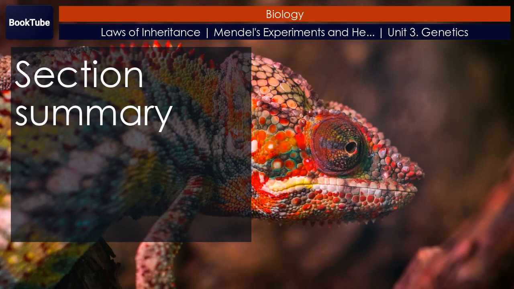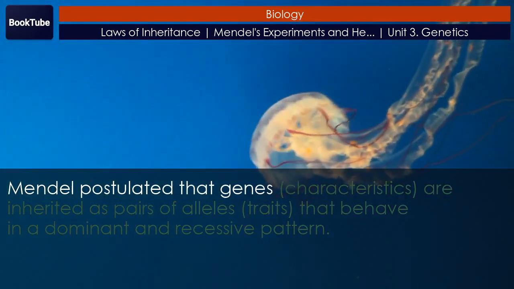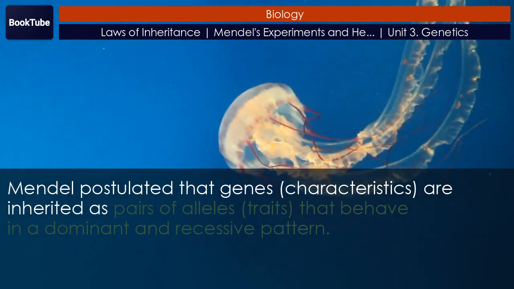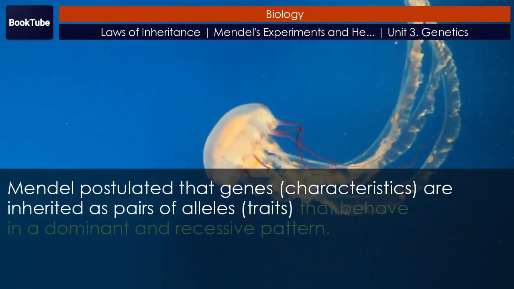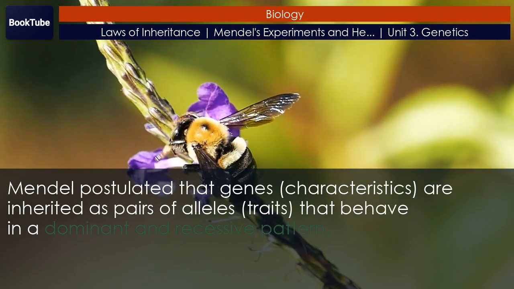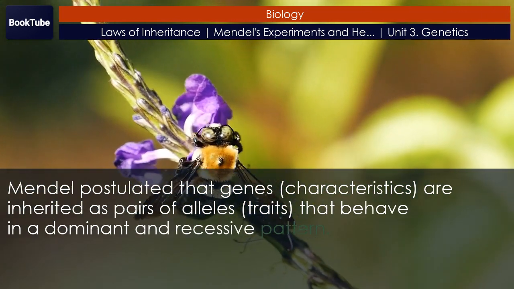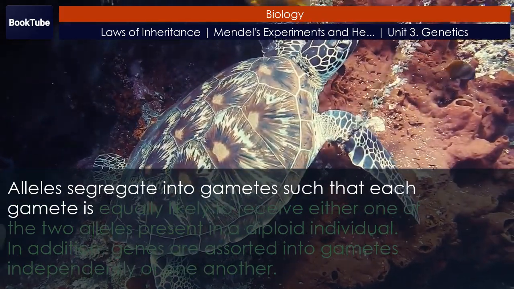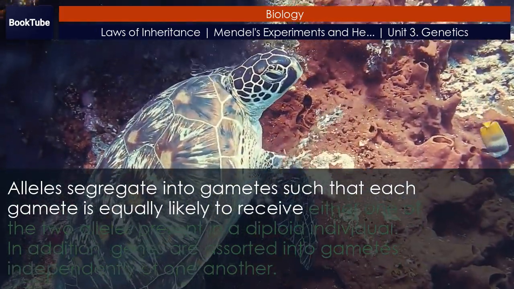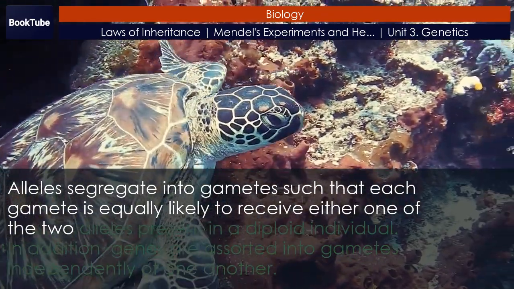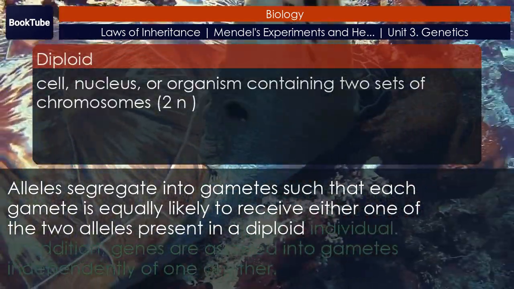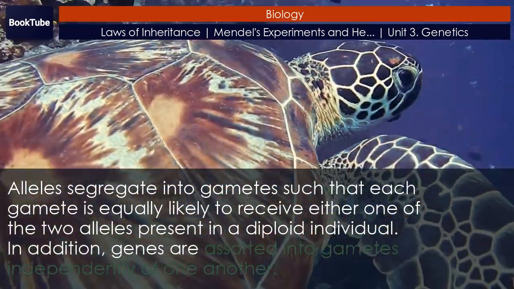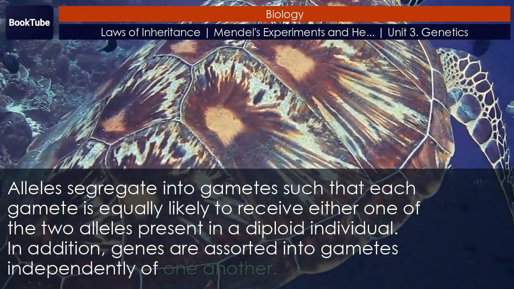Section summary. Mendel postulated that genes, characteristics, are inherited as pairs of alleles, traits, that behave in a dominant and recessive pattern. Alleles segregate into gametes such that each gamete is equally likely to receive either one of the 2 alleles present in a diploid individual. In addition, genes are assorted into gametes independently of one another.